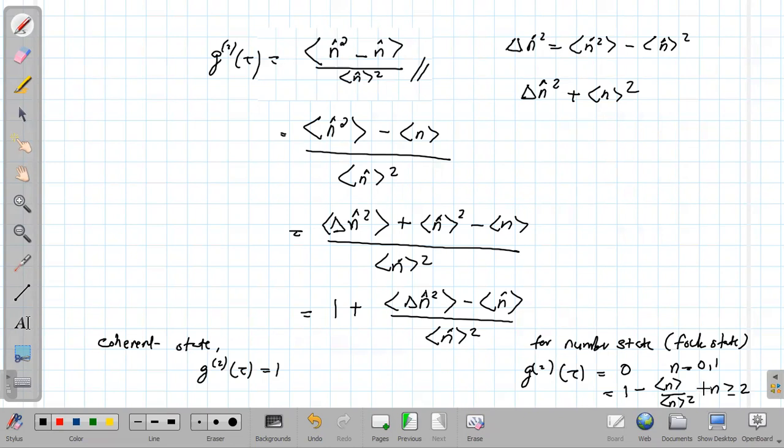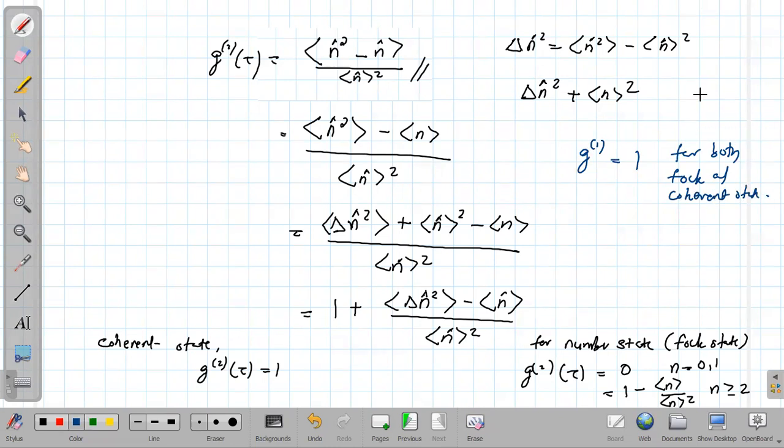Now, what about G1 for coherent and Fock state? G1 is the first order coherence function. So G1 is 1 for both Fock and coherent state. Again, we have not discussed what coherent state and Fock state are; that we'll discuss later.